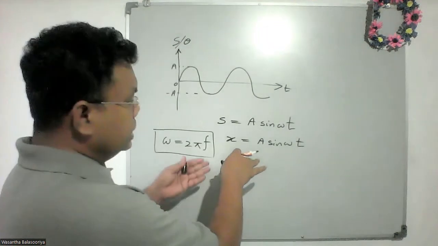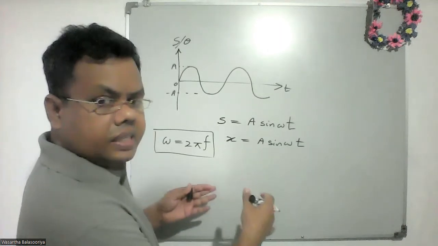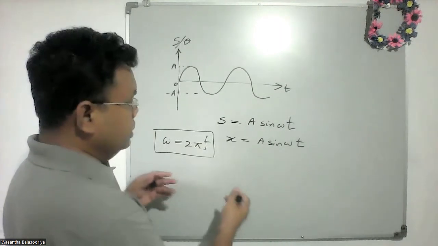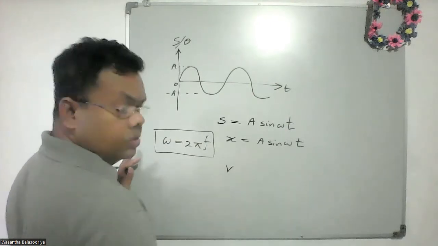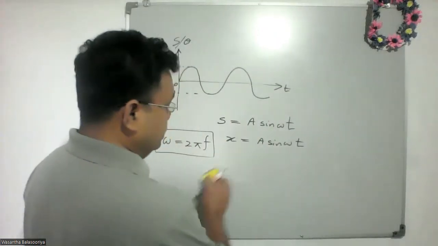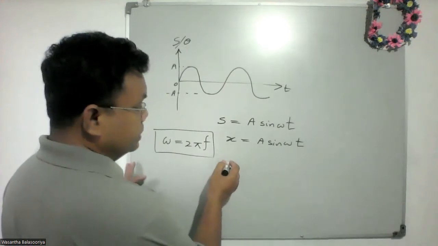By using this relationship, we can derive an expression for velocity, because velocity is, we know, the rate of change of displacement, that is dx by dt.